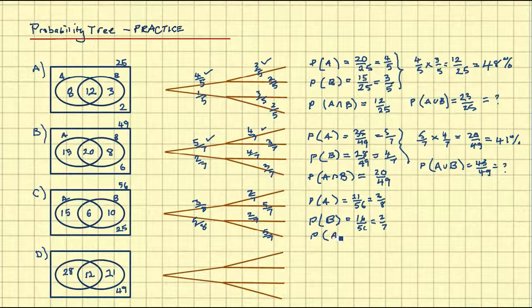Okay, so probability of A and B occurring is what? So I just need to multiply these together. So I've got 3/8 times 2/7 gives me 4/56.